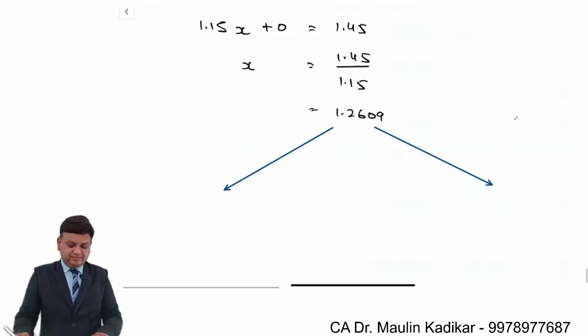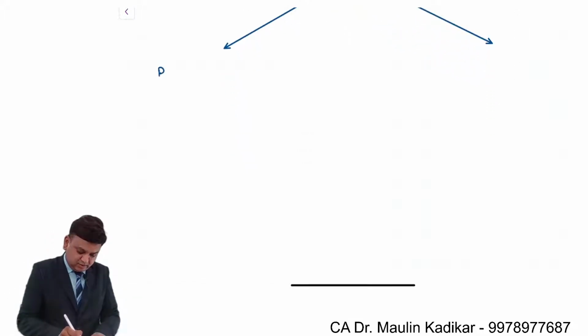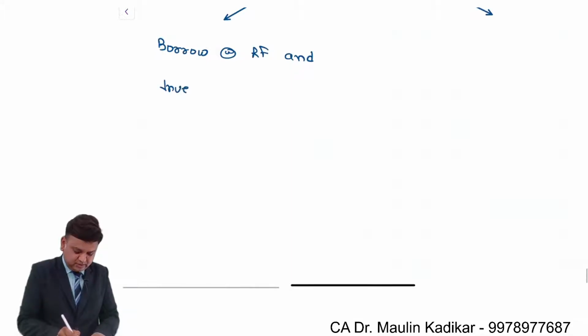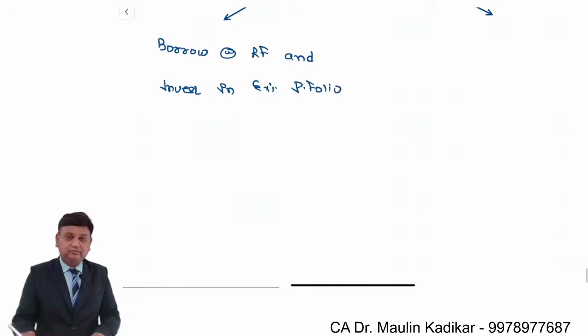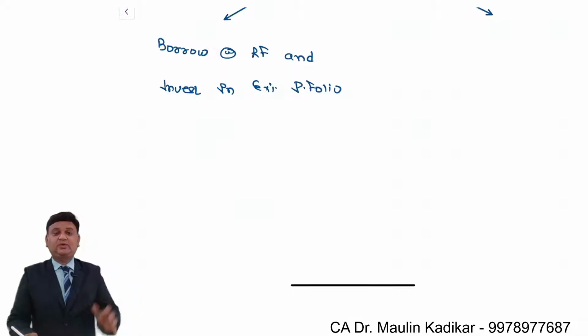Basically over here, Mr. A has 2 alternatives for the purpose of increasing risk. What he can do, he may borrow at the rate RF and invest in the existing portfolio. He can borrow and make investment, and with that the risk will increase.